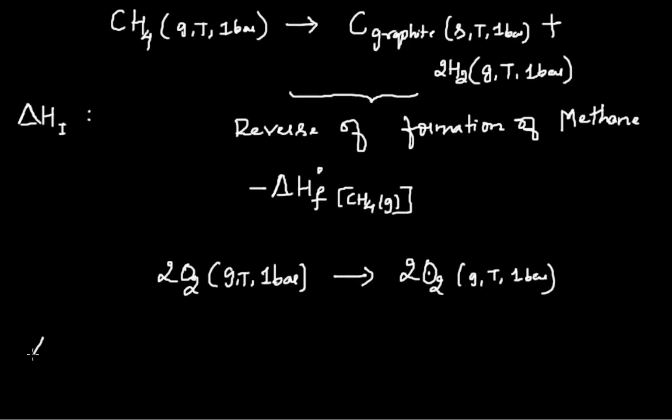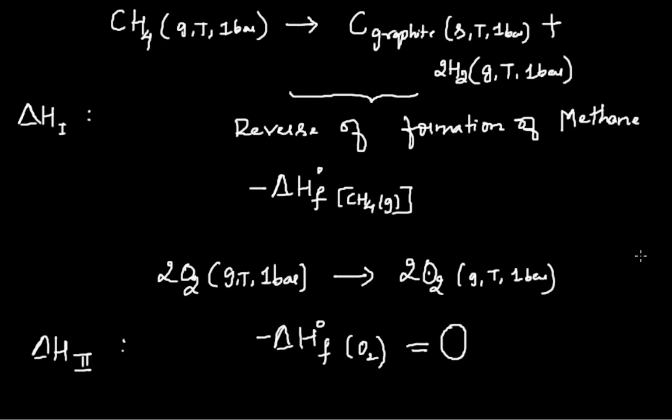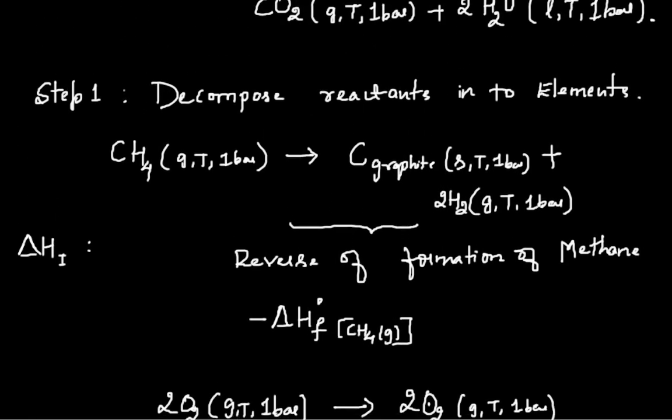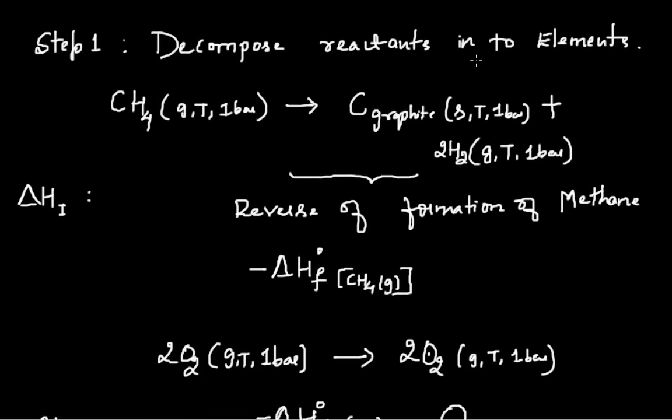I call this one delta H formation. We know that the enthalpy of an element in its most stable form at 298.15 Kelvin and 1 bar pressure is 0. Did I forget to mention that the temperature we are considering here is 298.15 Kelvin?